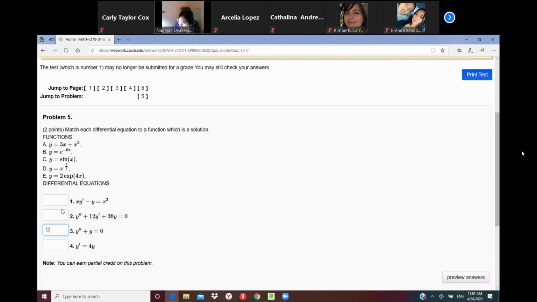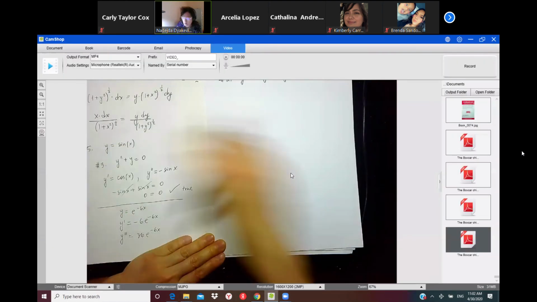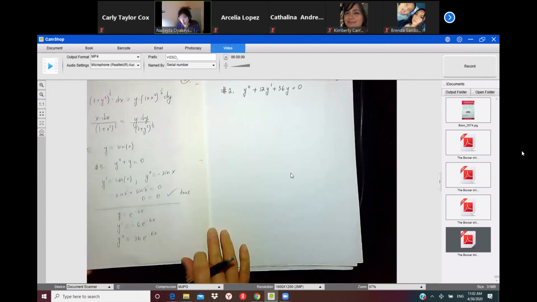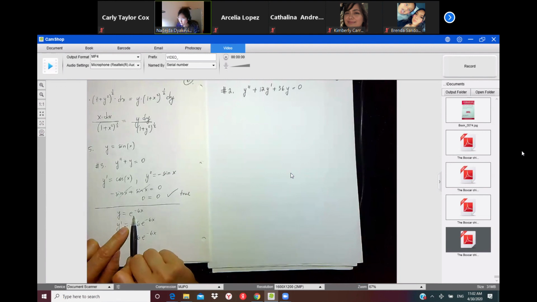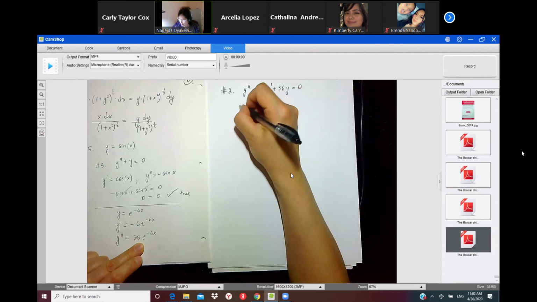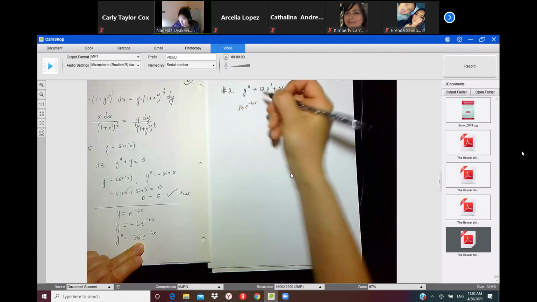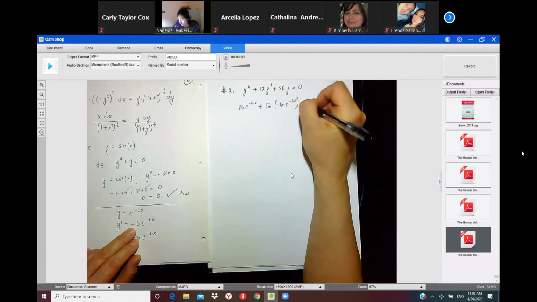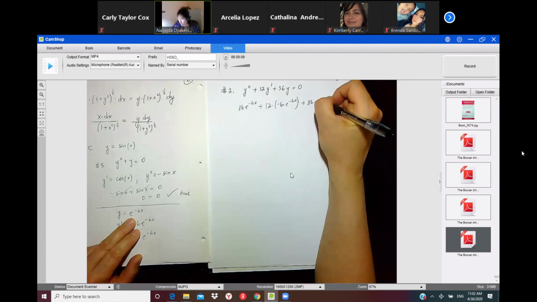So yeah, in this type of problem, you just have to use your best guess. So this is number 2, and I'm going to substitute. I have it all prepared right here on this page. So I'm using this y, this is y prime, this is y double prime. So I have 36e to the negative 6x plus 12 times y prime, and then plus 36 times y.